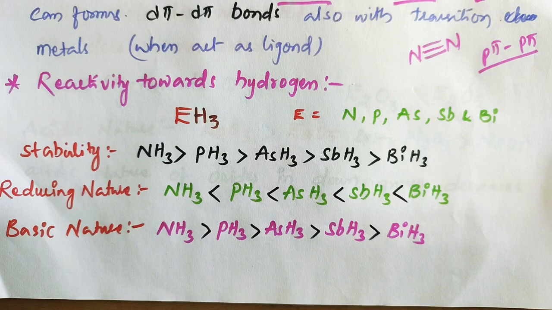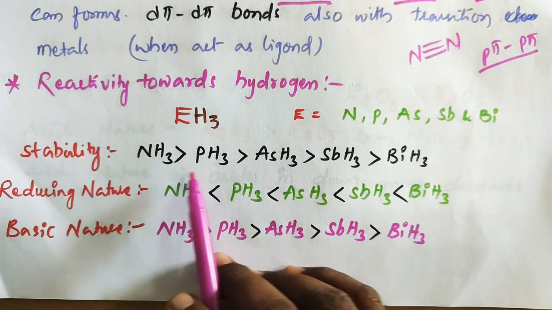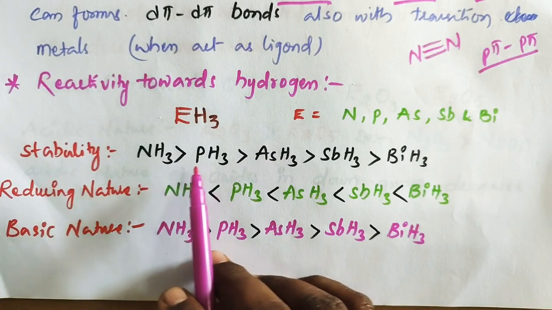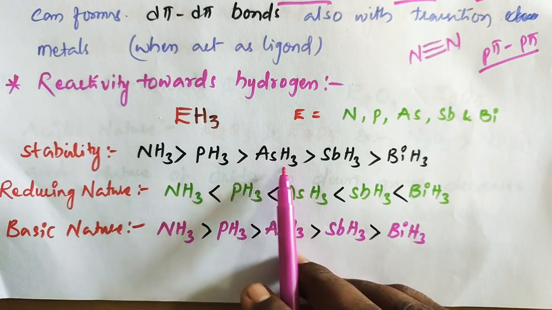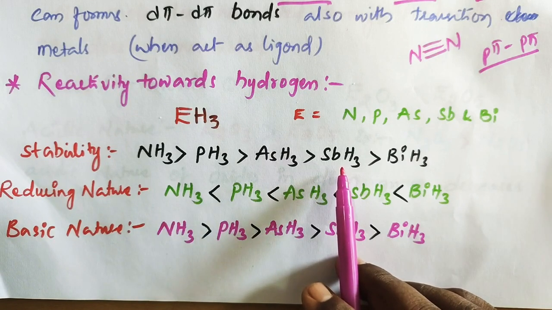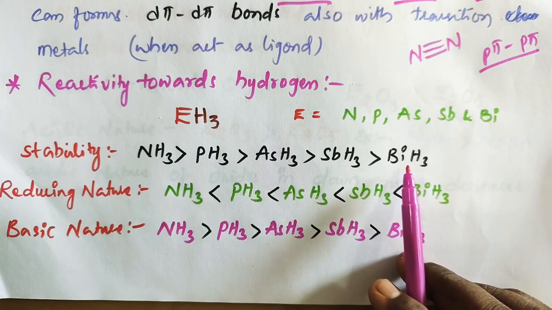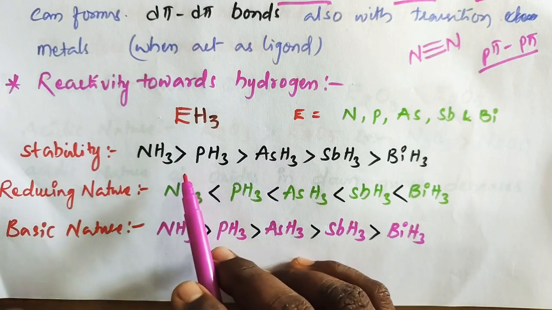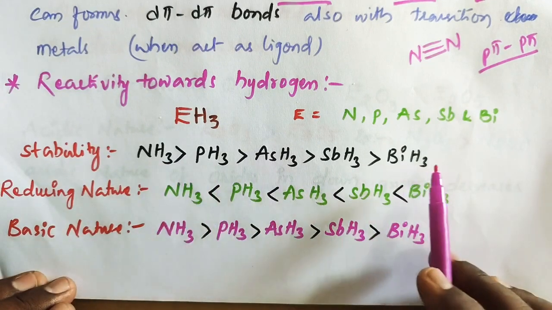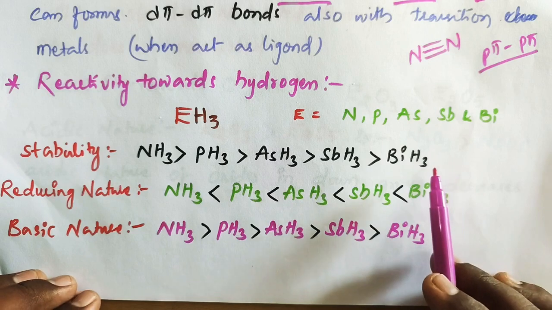The stability of the hydrides follows this order: NH3 is more stable than PH3, PH3 is more stable than AsH3, AsH3 is more stable than SbH3, and SbH3 is more stable than BiH3. So the stability of hydrides decreases from top to bottom in the group.